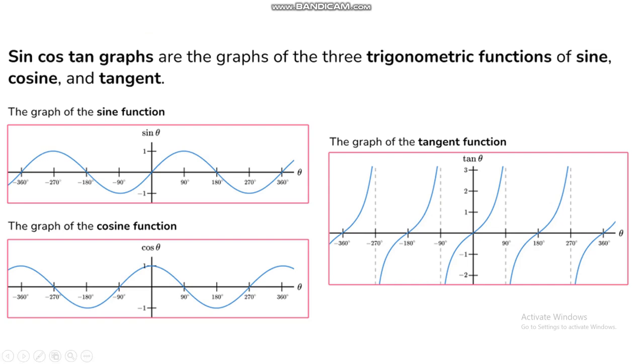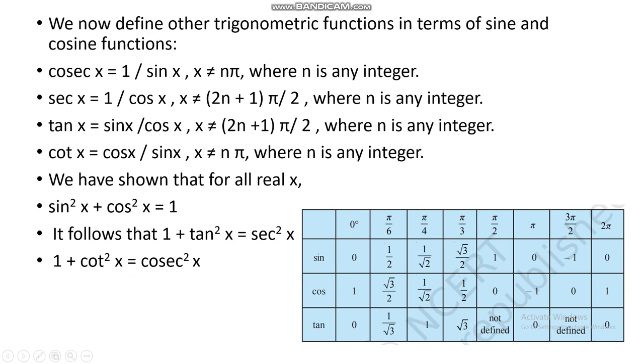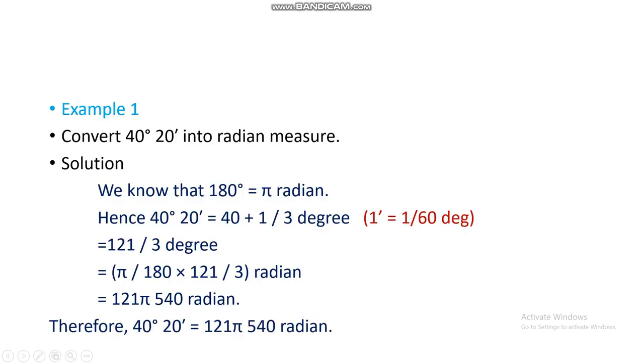The cos curve is opposite to the sin curve. If we combine these two curves, we get the tan curve. The tan curve starts from 0 and moves to plus or minus infinity. At pi by 2 it is not defined, and at 3 pi by 2 it is not defined, meaning it moves toward infinity.